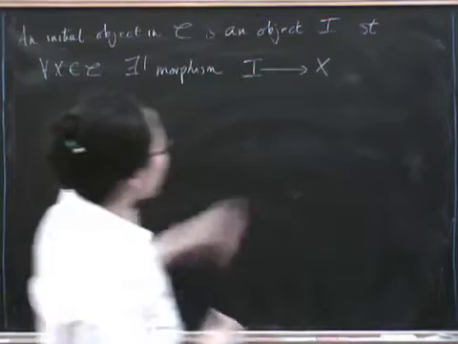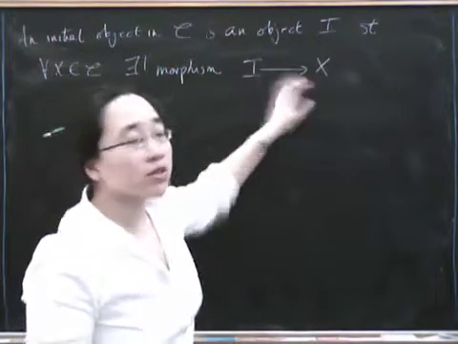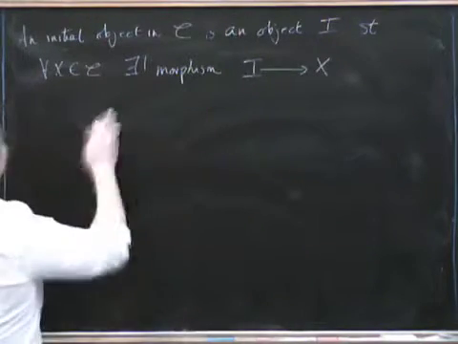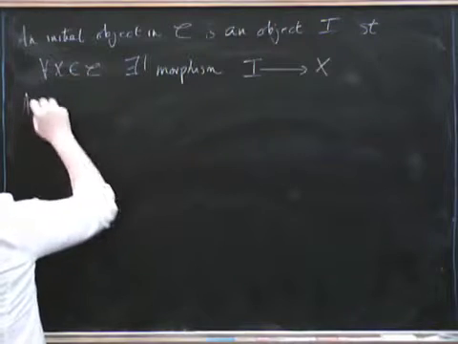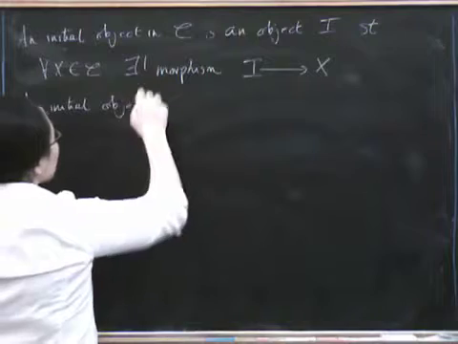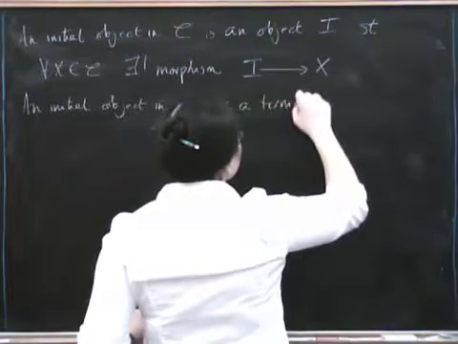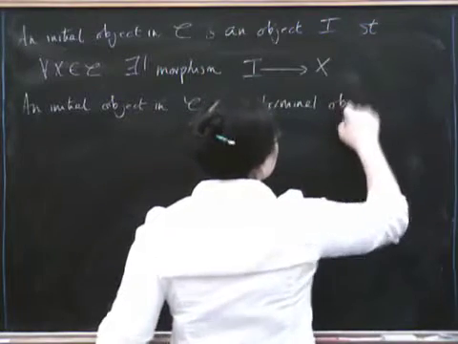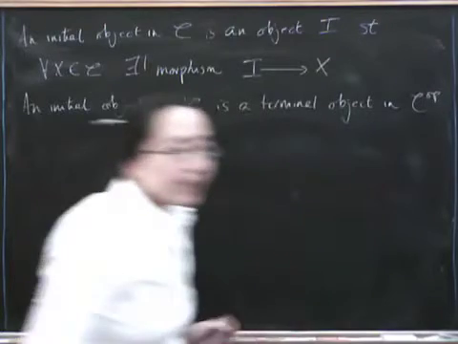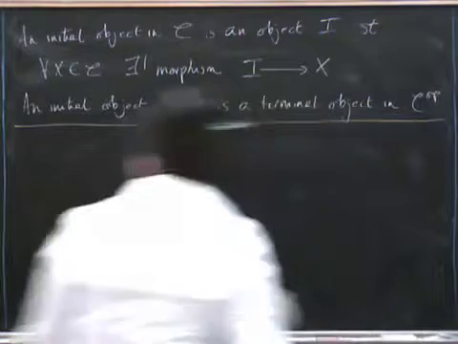Notice that if we turn around every arrow in this definition to face the other way, there's only one arrow, so we turn this one around and it would become exactly the definition of terminal object. Which means that an initial object in C is precisely a terminal object in C op. Right. Let's immediately have some examples.